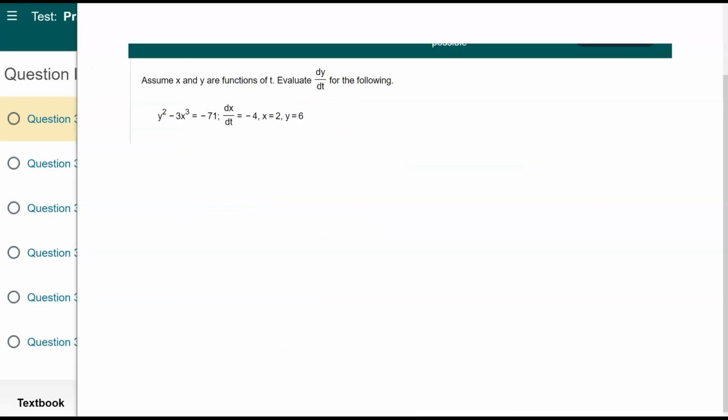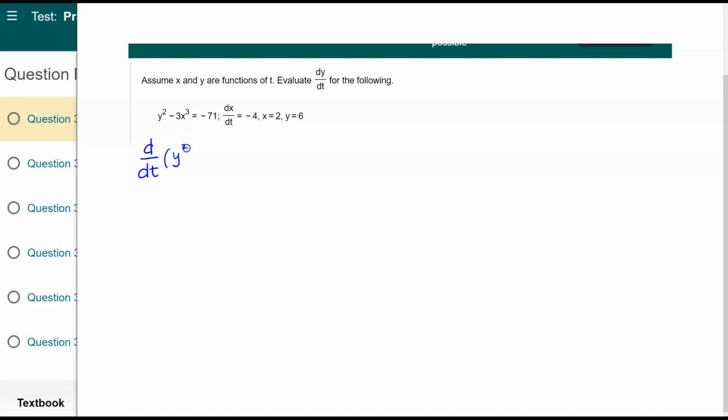So now to do that, we are just going to differentiate both sides of our equation with respect to t. So this is on related rates. We are going to find the derivative with respect to t on both sides of the equation.